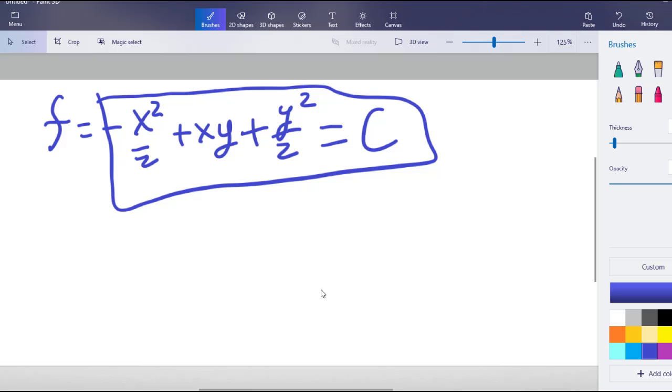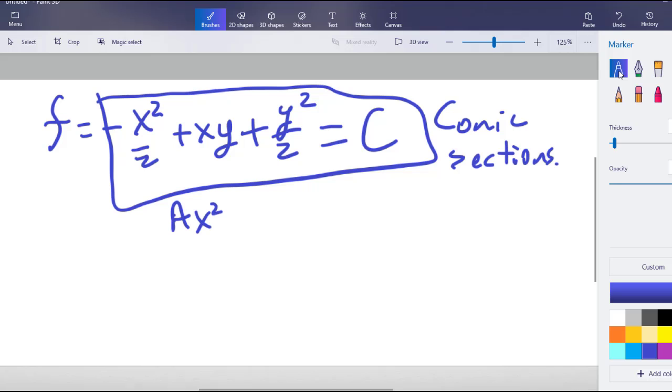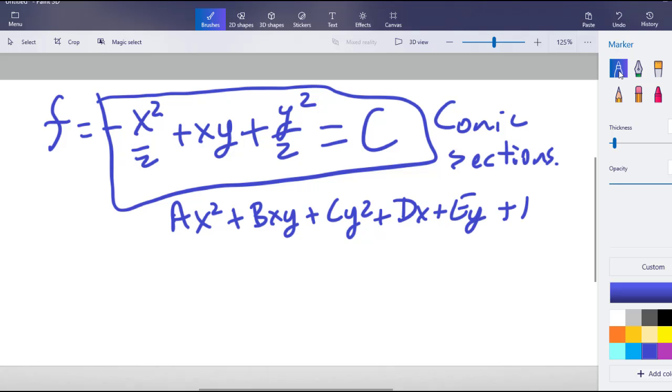It might be interesting to figure out what kind of conic sections these are, just so that you can recall some of your learning from pre-calculus. In pre-calculus, you were told that if you have equations of the form ax squared plus bxy plus cy squared plus dx plus ey plus f equals 0, then you're dealing with a conic section.